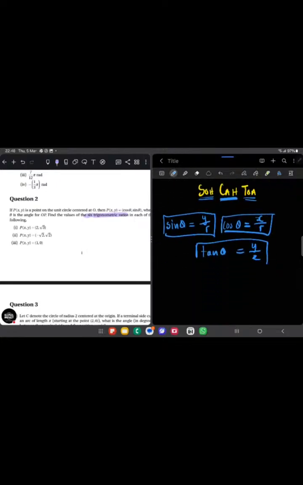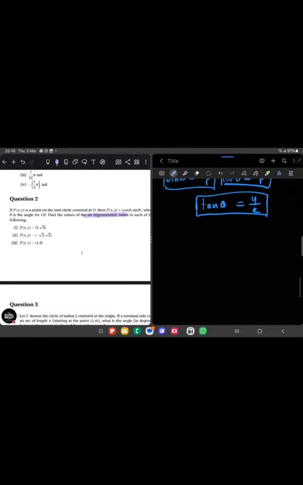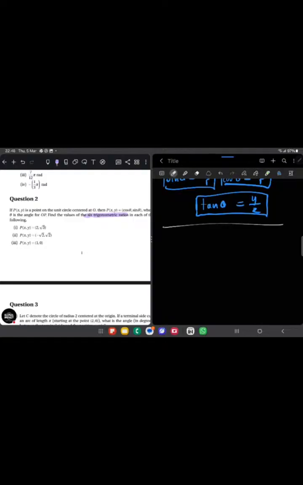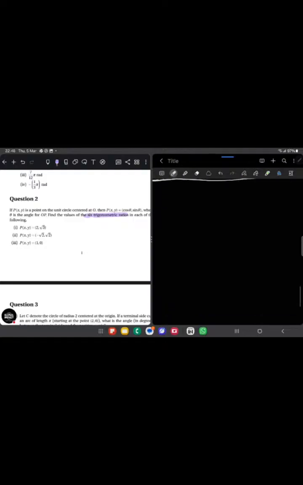All the other ones, you can know them from here. So in actual fact, the simple fixture for people who want to answer this: the moment you see anything that says 6 trig ratios, you must remember these ones. Remember that sine theta is y over r.